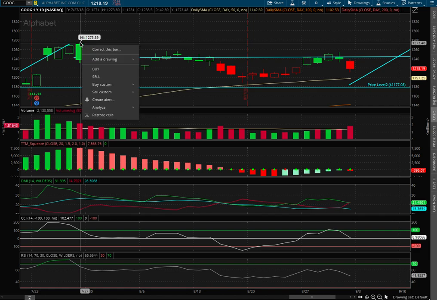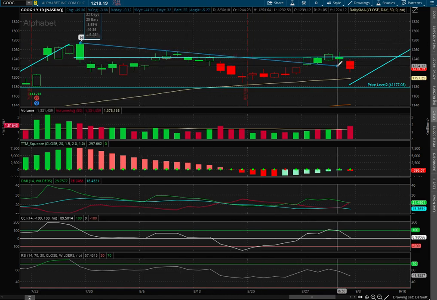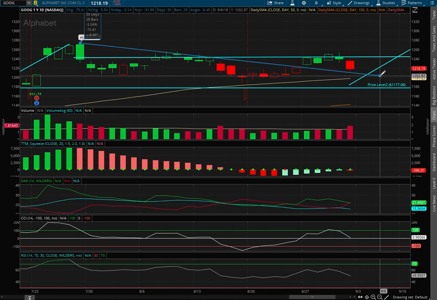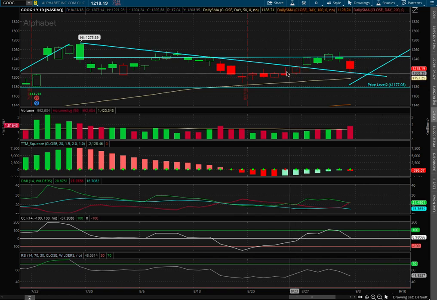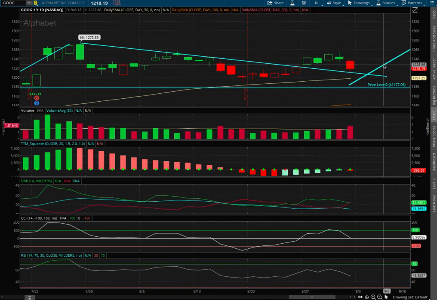So here's resistance. So we have resistance here, resistance down. So I'm going to remove these previous resistance from the bull flag just so we could have a clear view.